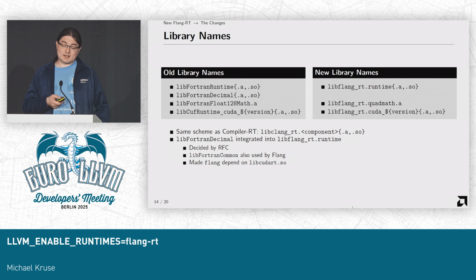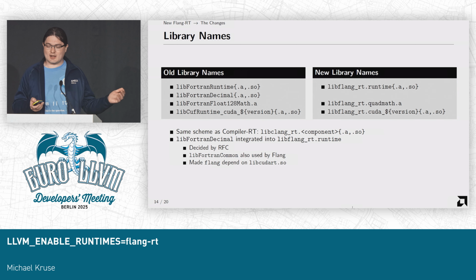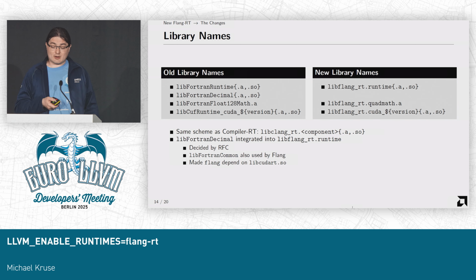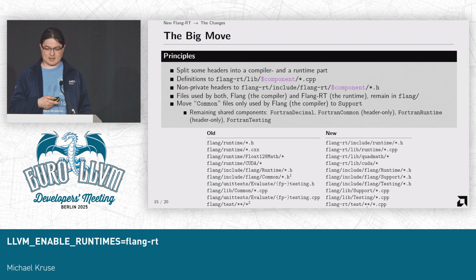This has been integrated into the runtime. I strongly think that if you use the runtime, you should not care about the internal structure, which libraries or source code files are shared between compiler and runtime. But for other cases, I mentioned the quadmath support, and also if you want to have CUDA, these are just different components in this case.